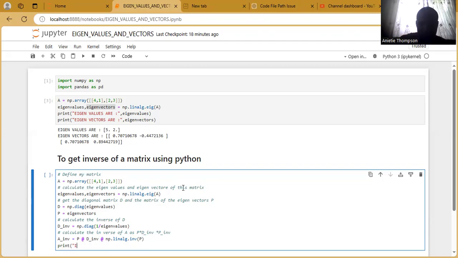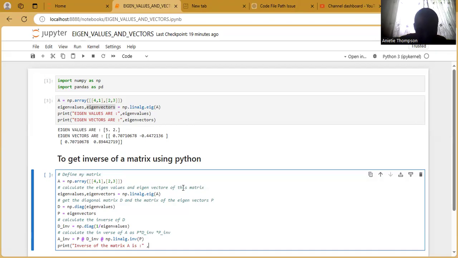The inverse of the matrix A is, close that in, and then that is going to be equal to A inverse.